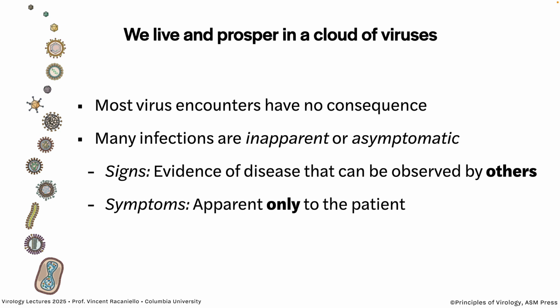So all of these things that you can measure are signs of infection. And even though you may feel asymptomatic, if a virus is in you reproducing, you certainly have signs, but often the signs are not obvious to you. All right, very important distinction, symptoms and signs.